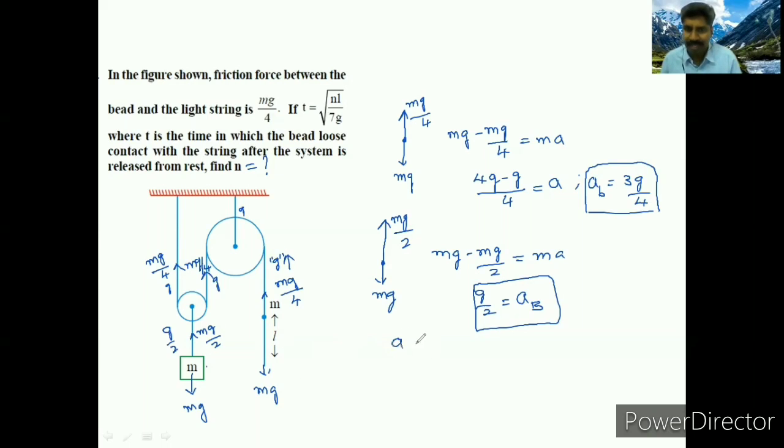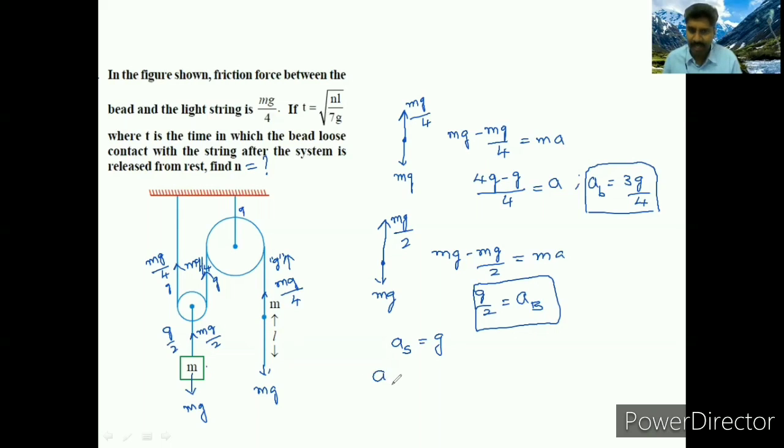Now the string's acceleration, how much can we write? g value we can write. Now we need to calculate the bead with respect to the string, it is coming outside from this string. So the bead is coming down, the string is upward.